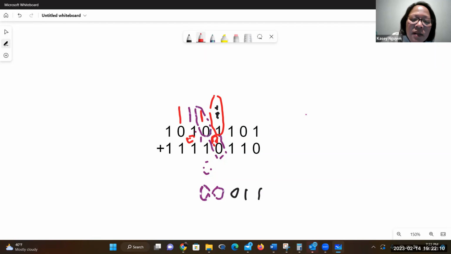A 0 plus a 1 is going to be a 1. Again, we're going to add the top. So 1 plus a 0 is going to be a 1. Take that 1, add it with the bottom. 1 plus 1 is a 0 with the carry.